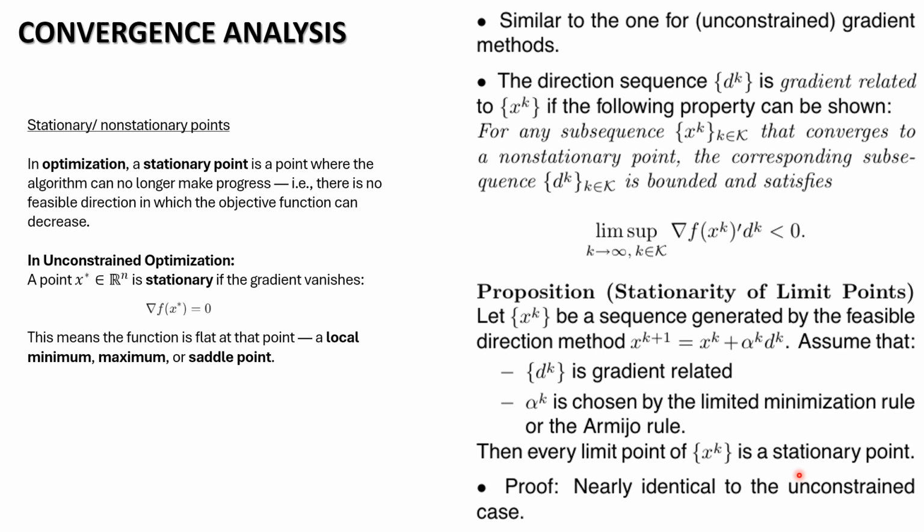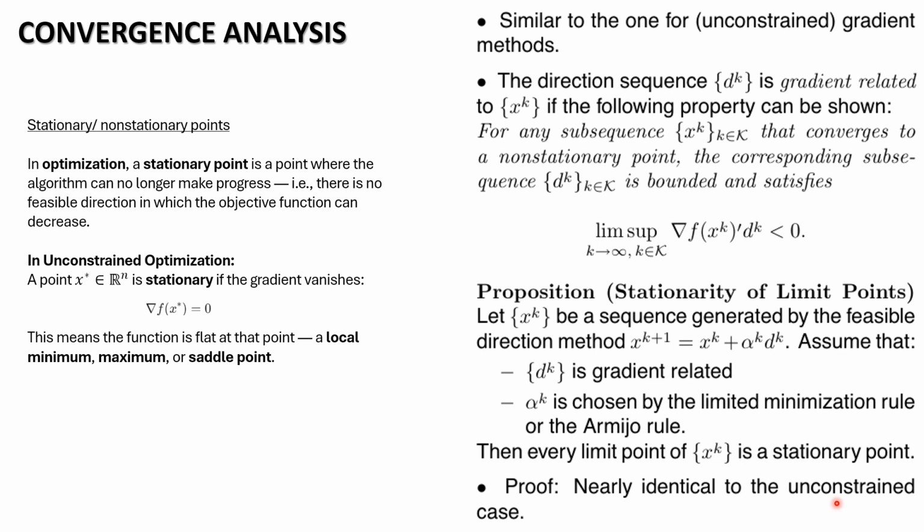The proof is nearly identical to the unconstrained case, and this tells us that the proof relies on similar arguments as those in unconstrained gradient methods, like the descent property of the algorithm, compactness or boundedness of the iterates, and properties of step size.